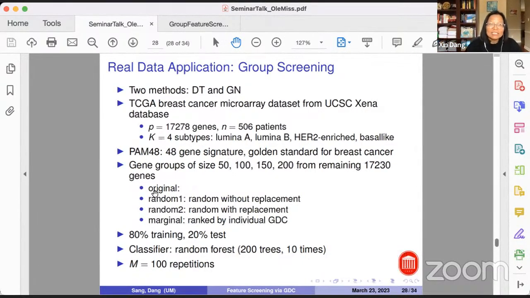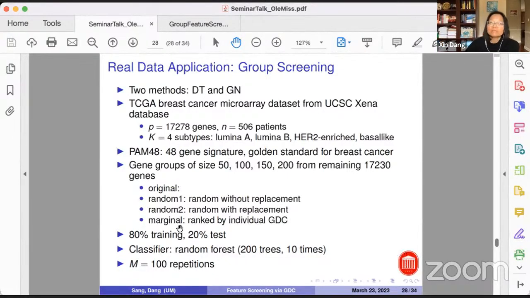The first one uses the original ordering of the genes given in the data: the first 50 genes are group 1, the next 50 genes are group 2, etc. We also do random groups: random 1 is random without replacement, and random 2 is with replacement.